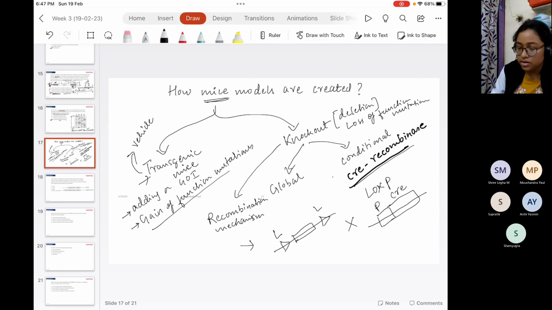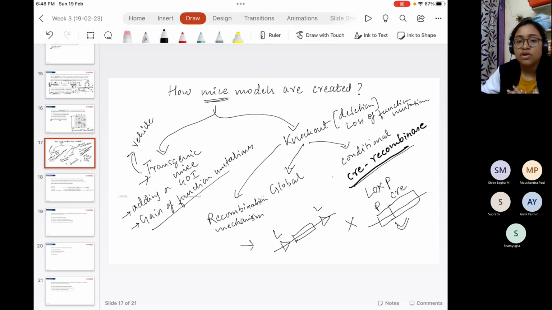Now, when these two transgenic mice are mated, in the embryo this Cre recombinase is expressed because of the presence of this promoter. If it is expressed in any other type of cell that is not a heart cell, then it is not doing any function. It is just another enzyme and will not cause any DNA mutation, deletion or addition.